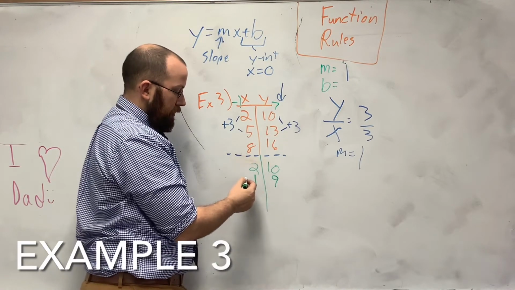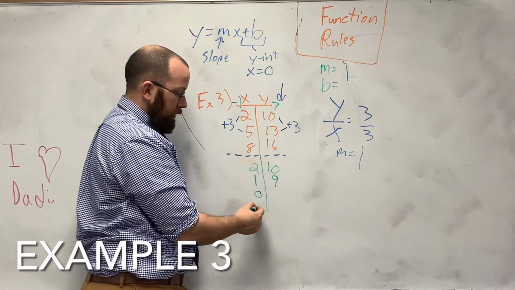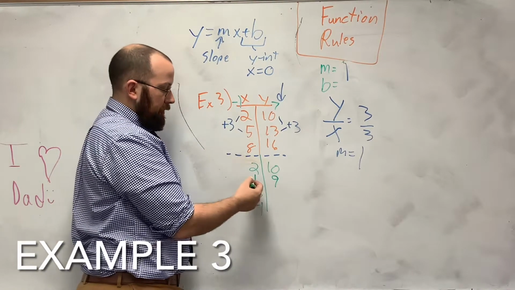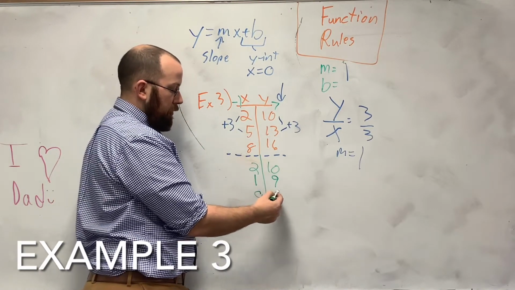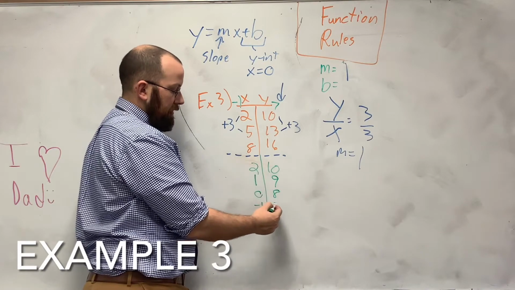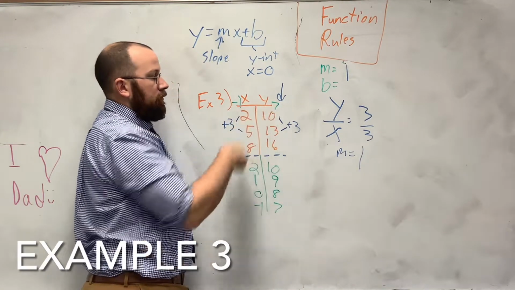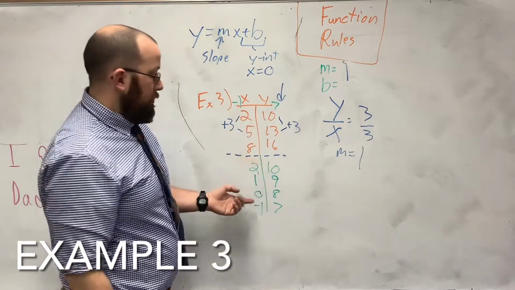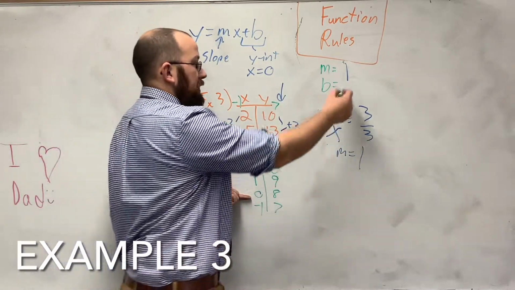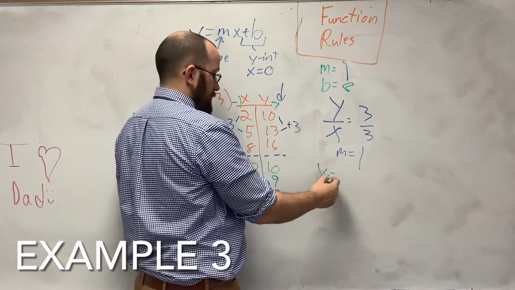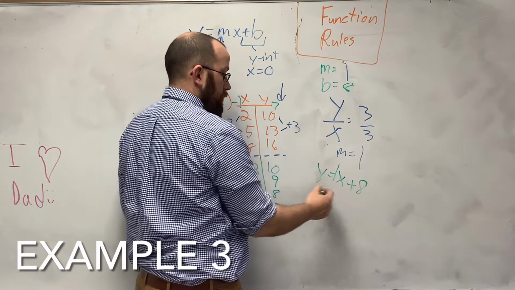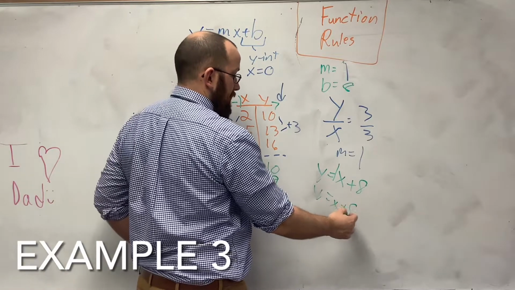If I subtracted 3 here from here. So if you think about it, this works pretty well. So my B is 8. So y equals 1x plus 8, or y equals x plus 8.